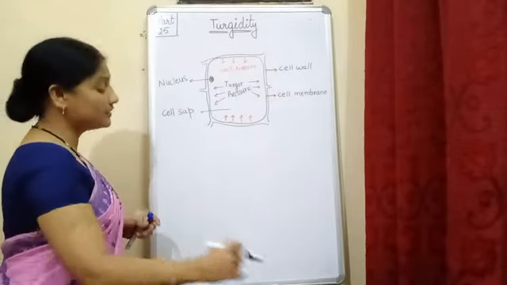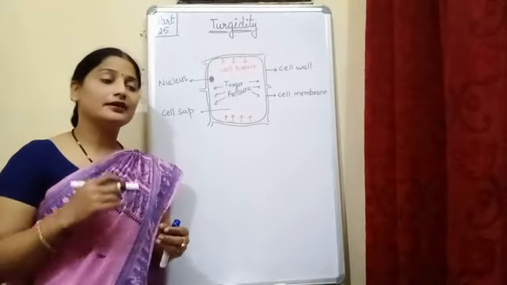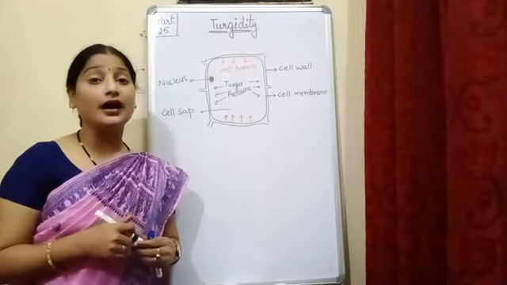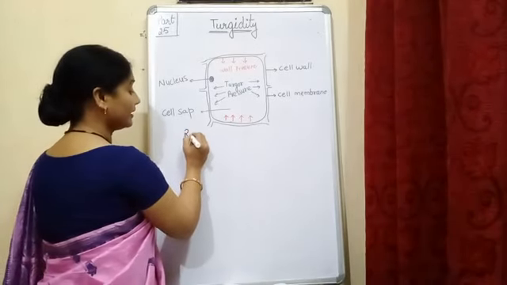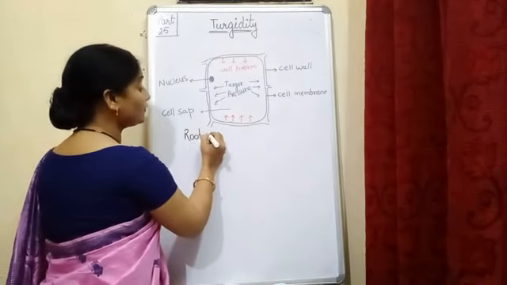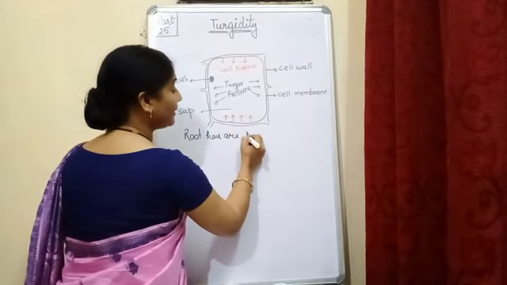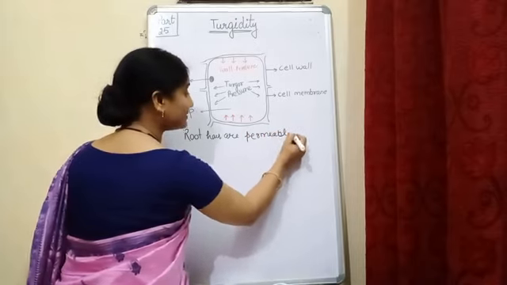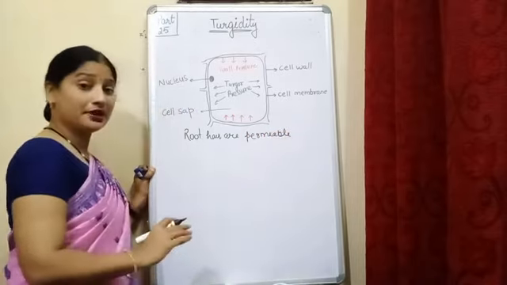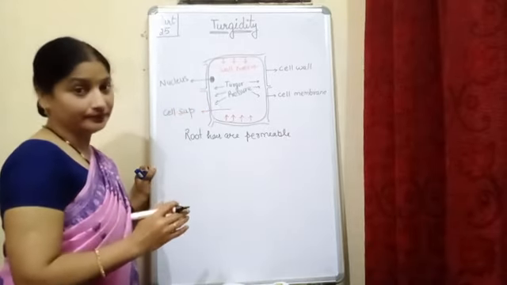See, the meaning of turgidity is, we all know that the root hair cells are permeable. What to write? That is, the cells of the root hairs are permeable. And since they are permeable, they allow the movement of water.